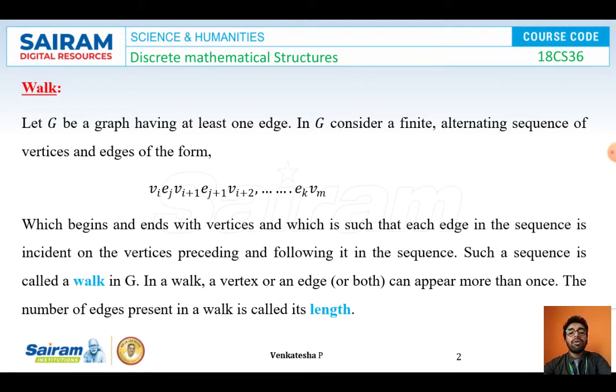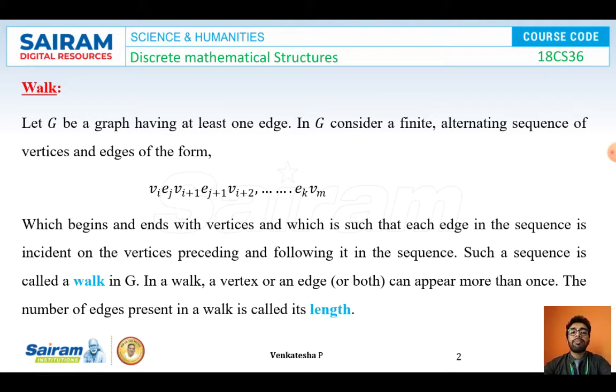So this kind of sequence will be called a walk. In a walk, a vertex and an edge, or both, can appear more than once. The number of edges present in that particular walk will be called the length of the walk.